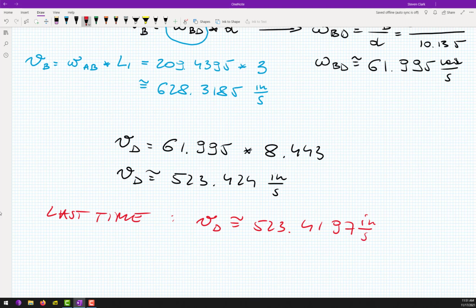What's the source of this discrepancy? Why today do we obtain a different number? Yes, Ian? The answer is rounding error. Yeah, so there's rounding error.